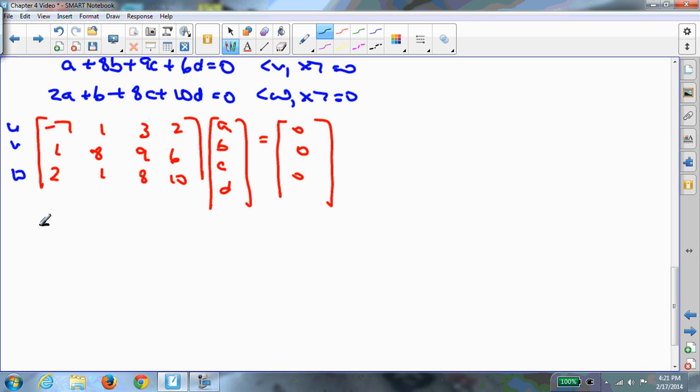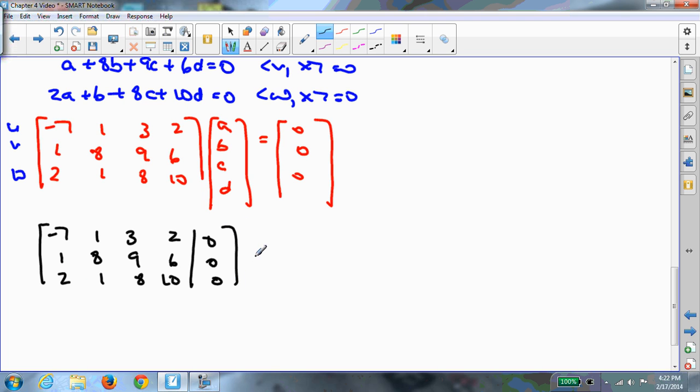So setting this up as an augmented matrix, -7, 1, 3, 2, and 0; 1, 8, 9, 6, and 0; 2, 1, 8, 10, and 0. And same thing, I'll do an RREF on this. Hopefully I did it correctly. I got 1, 0, 0, 1/6, 0; 0, 1, 0, -11/15, 0; and 0, 0, 1, 13/10, 0.